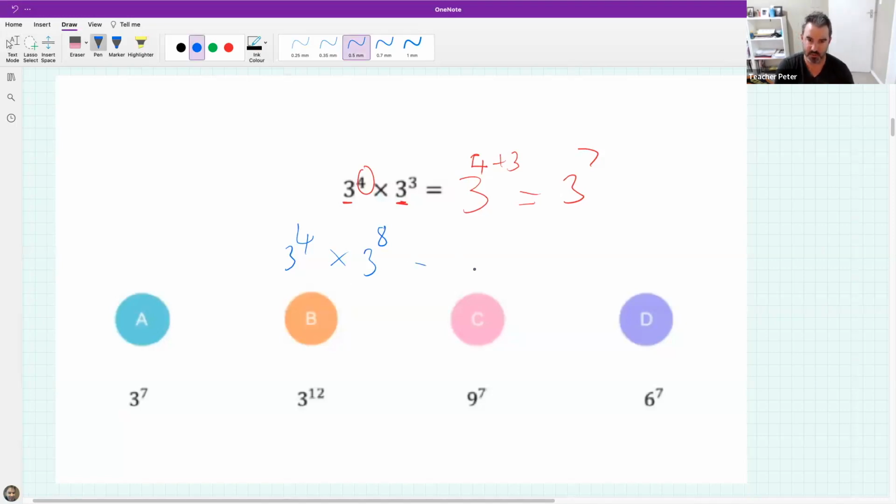So is the base the same? Yes. And now we go 4 plus 8, which is going to be an enormous number, but it should be B. So that's called law 1 for exponents.